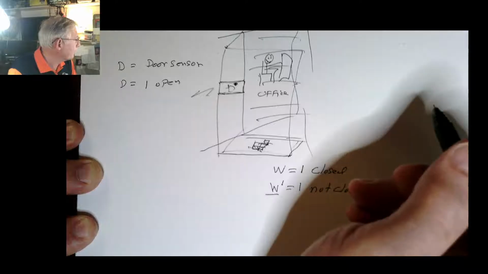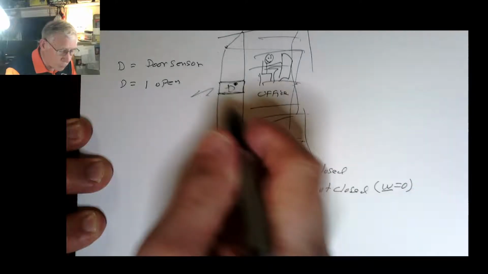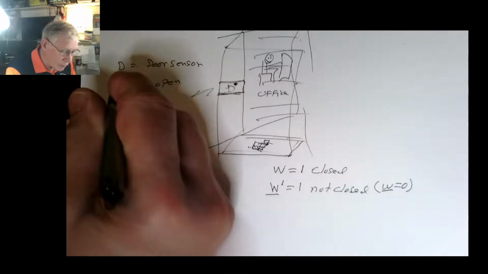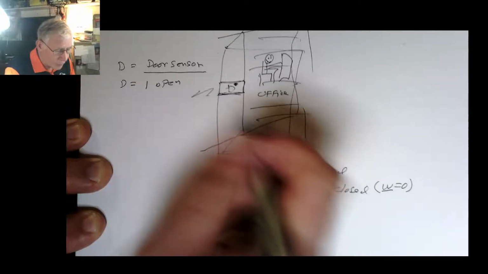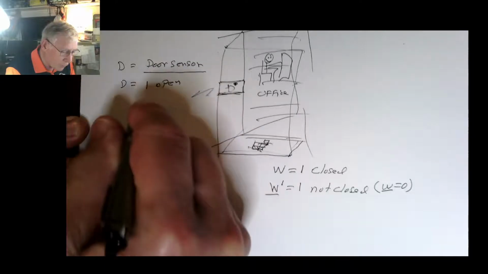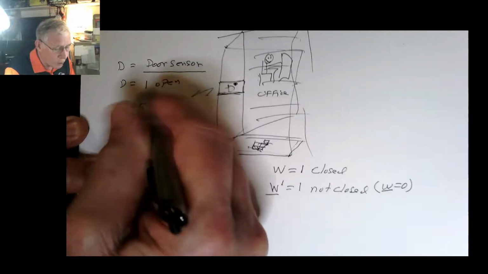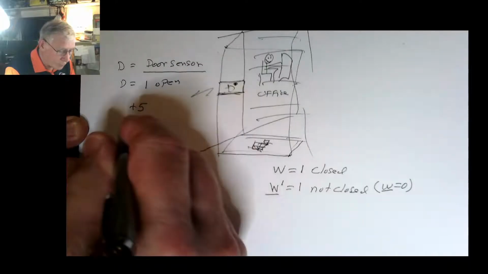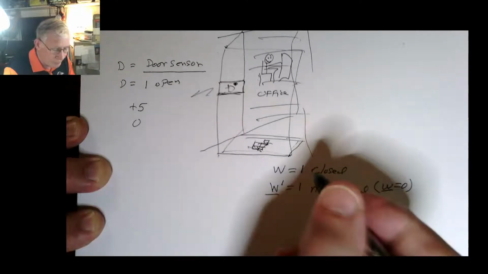Now we have a door, and we'll label the door D. There's a sensor on that door, and that sensor will give us, say, positive 5 volts, or a 1 if it's open, and 0 if it's closed.